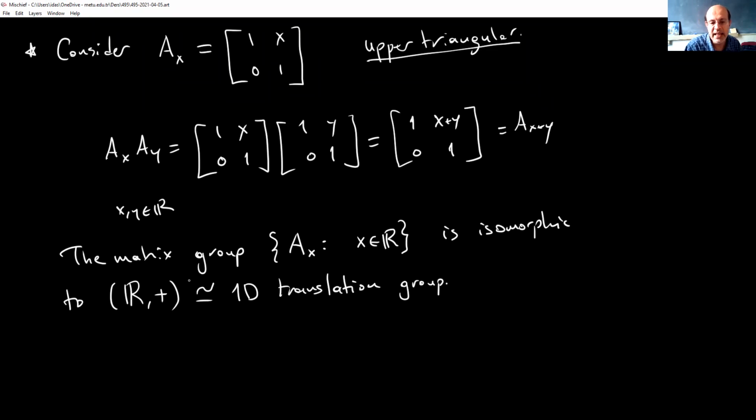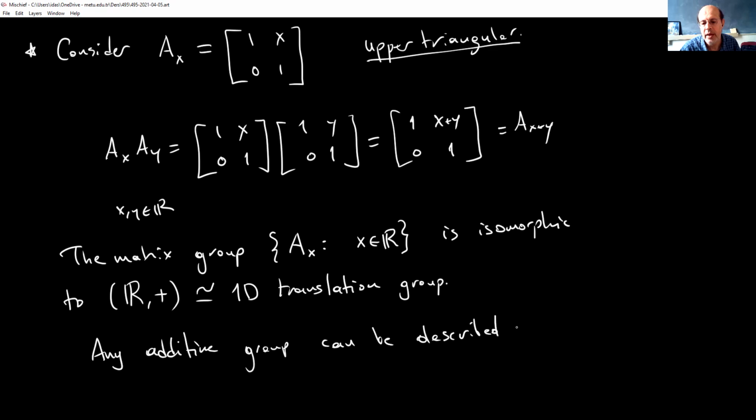But I can think of that group also as isomorphic to that matrix group, where the group operation is this time matrix multiplication. So this is kind of interesting because I can describe an additive group as a multiplicative group. So let me say it like this: any additive group can be described as a multiplicative group.